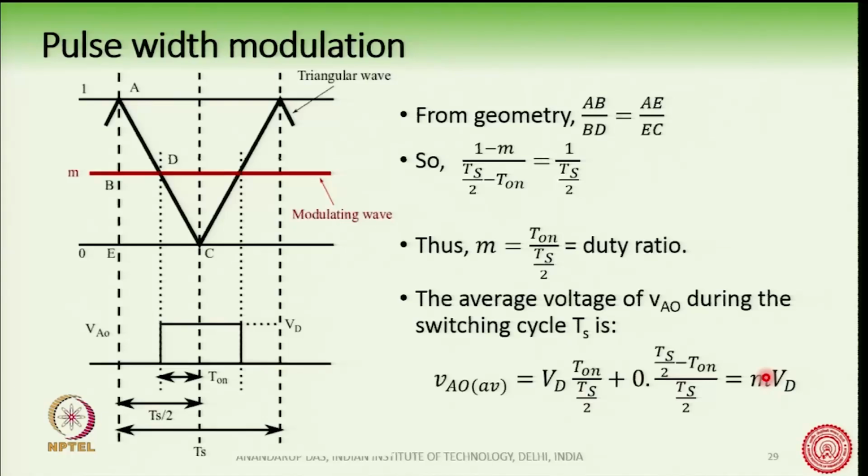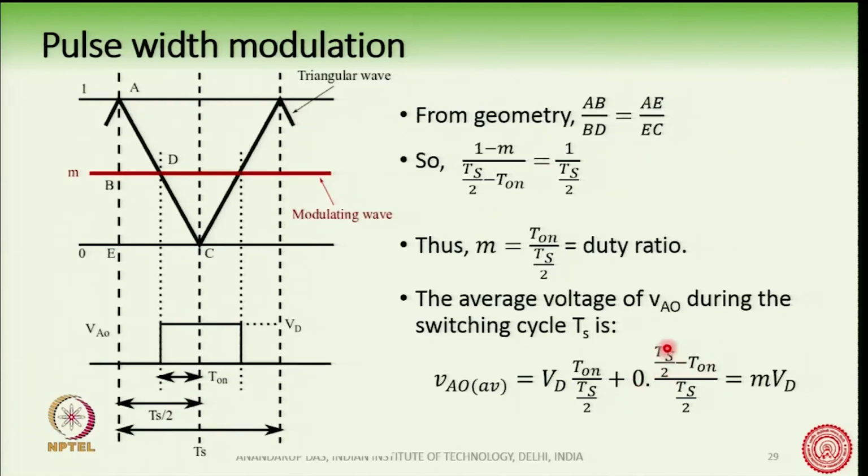I will repeat this once more. The average voltage of VAO during the switching cycle Ts is Vd into T on, where T on is the time for which Vd voltage has been applied across VAO. So Vd into T on divided by Ts by 2, and for the rest of the time 0 voltage has been applied.